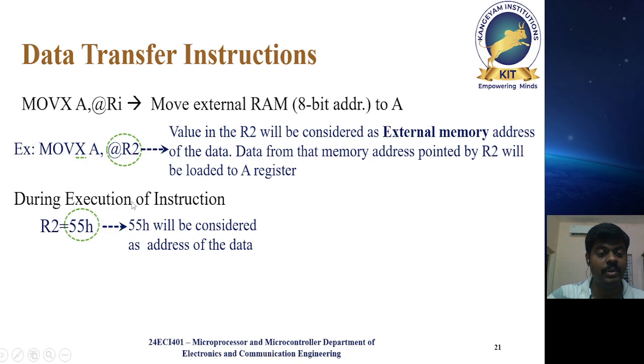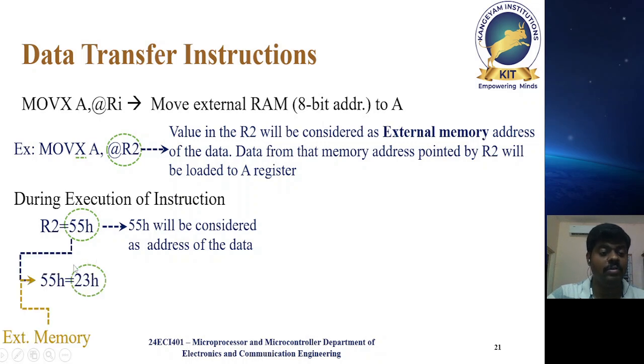A simple example: suppose R2 is 55. This will be considered as the address of the data, but the only difference is that this 55 is not from the internal memory location of the 8051. This 55 is coming from the external memory location of the 8051.